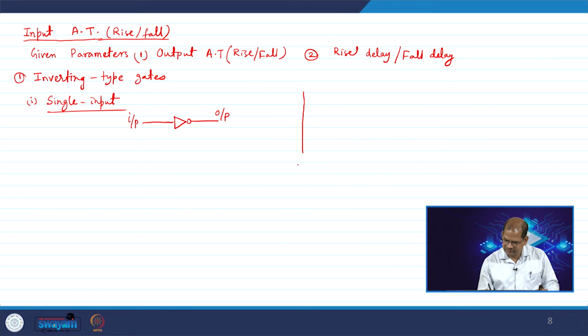Let us say this is t equals 0 here, this is the input waveform and this is the output waveform. Let us say I have a pulse given to the same inverter. Now, the output will come out after some delay. Let us say this is a delay.